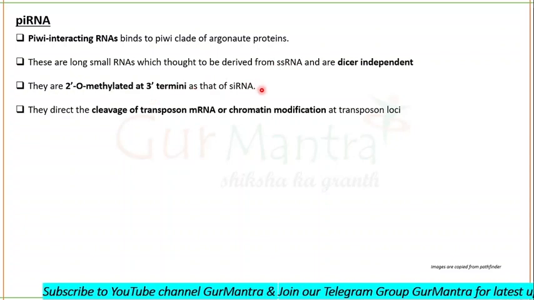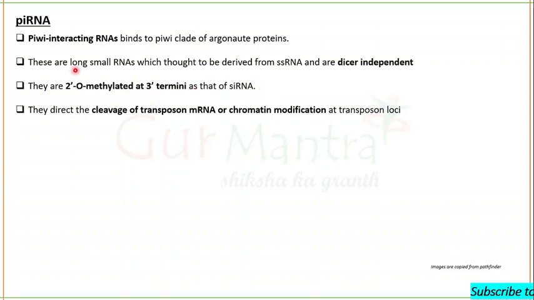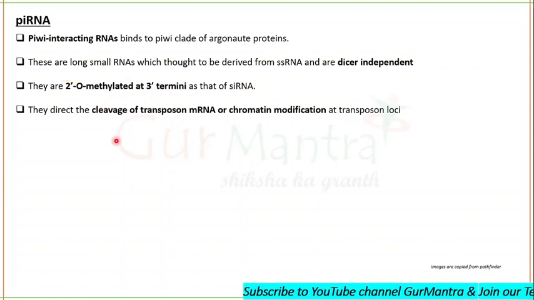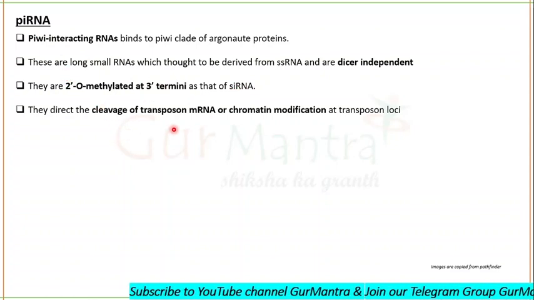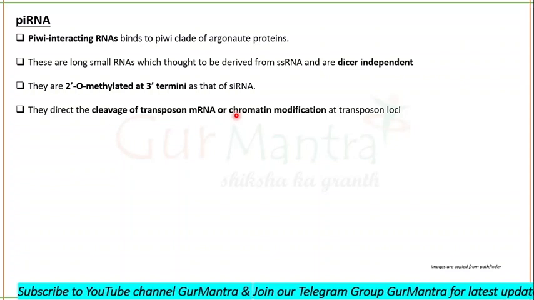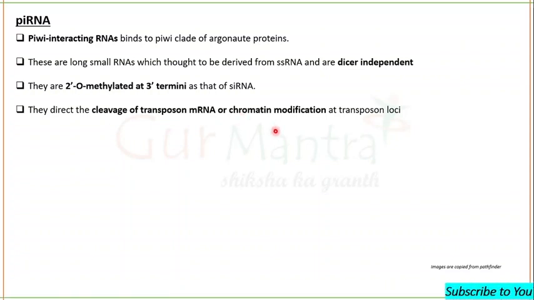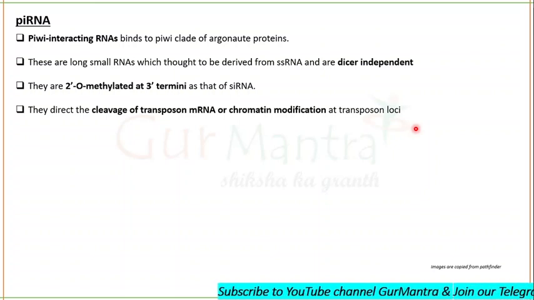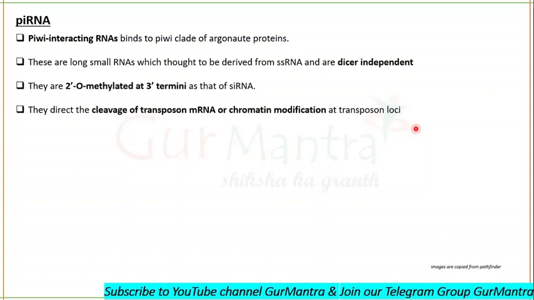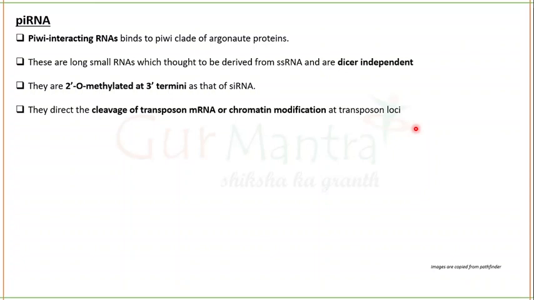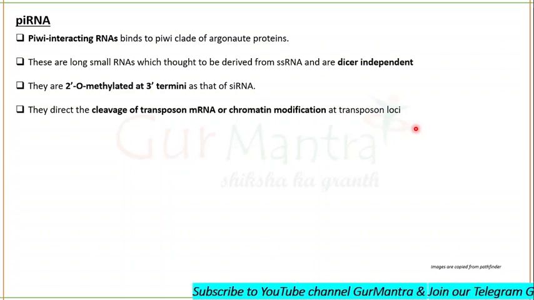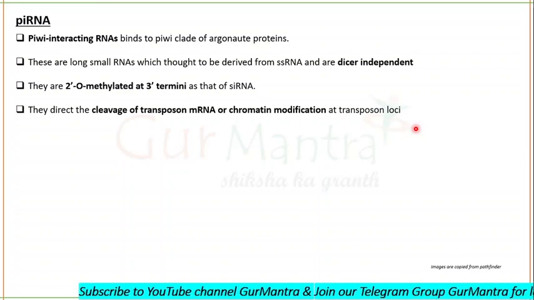But it will not happen in the case of miRNA. It happens only in the case of piRNAs and siRNAs. And these piRNAs are involved in the cleavage of transposon mRNA or chromatin modification at transposon loci. You have to remember the function of these piRNAs. It can be asked in any of the examinations, so you should know the role of piRNA. They modify the chromatin at transposon loci.